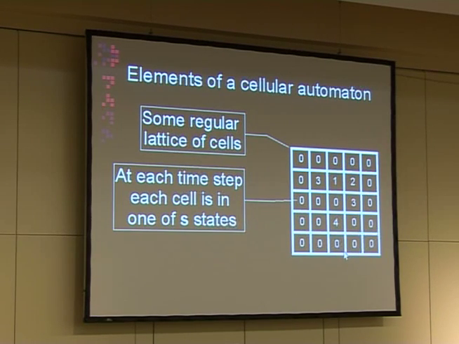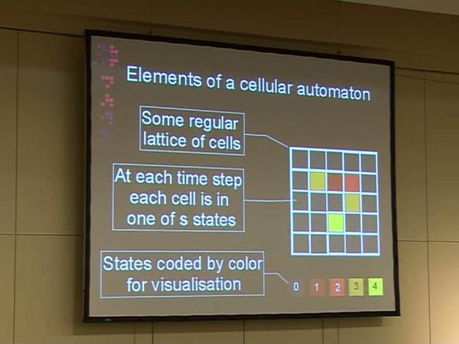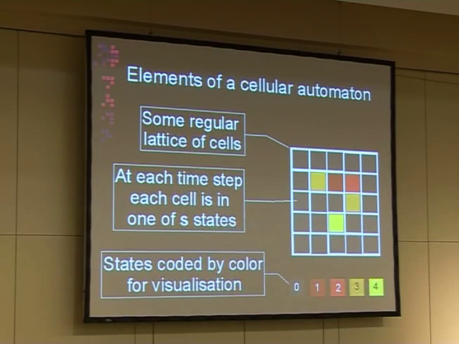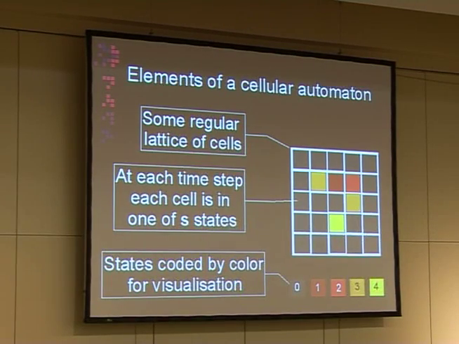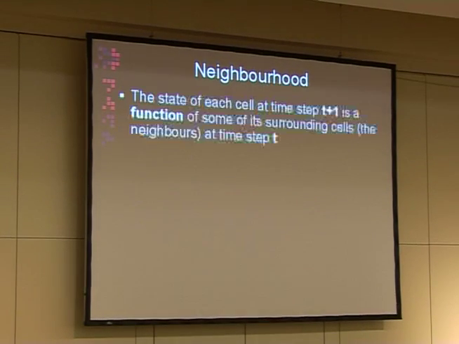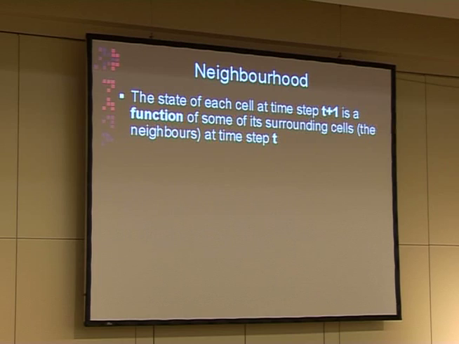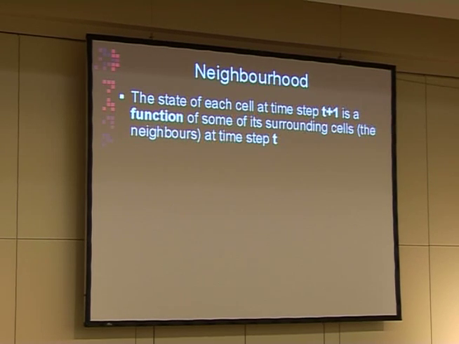Normally we code the states with colors so that it's easier to visualize. Then the state of each cell at time step t plus 1 is a function of some of its surrounding cells at the previous time step.